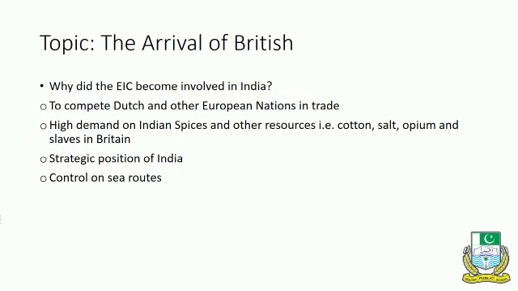This dye was in demand for coloring the Royal Navy's uniform. The EIC then encouraged the growth of opium in India to sell it to the Chinese and buy tea from China in return.